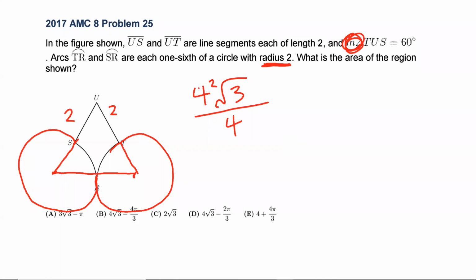But the shape that they're asking for is the equilateral triangle minus these two circular sectors, so we're going to have to subtract those two. Each of those is 1/6 of their respective circles, so it would be 1/6 times pi r squared, and r is 2.